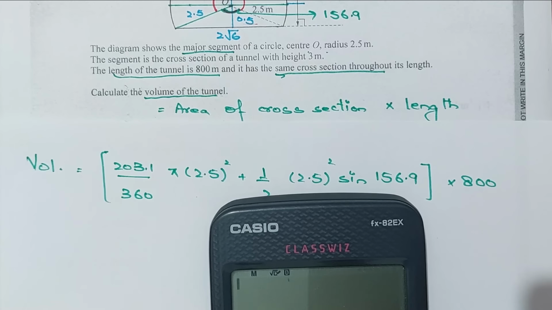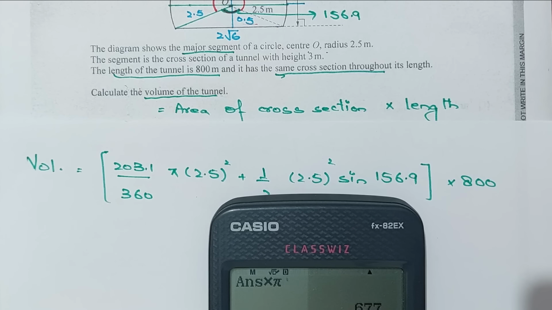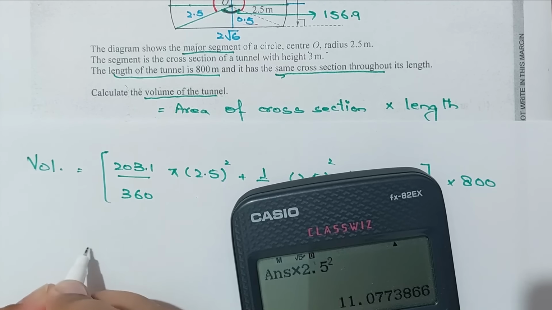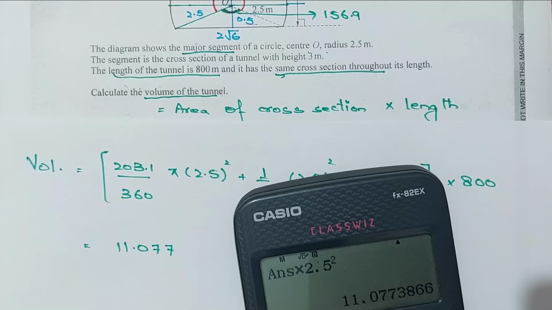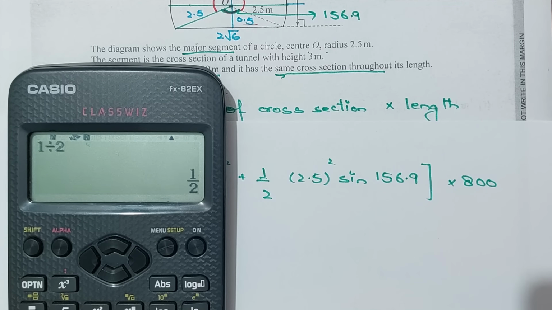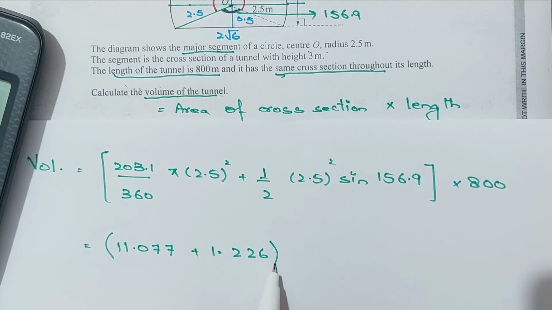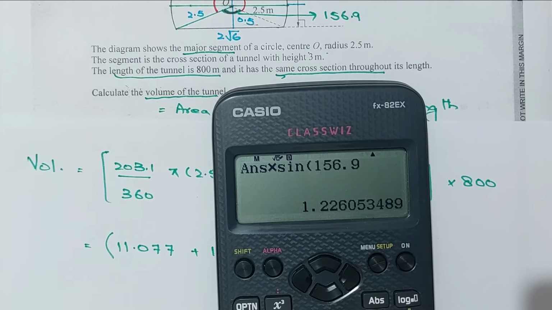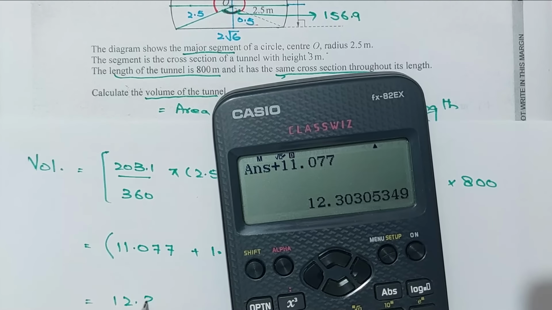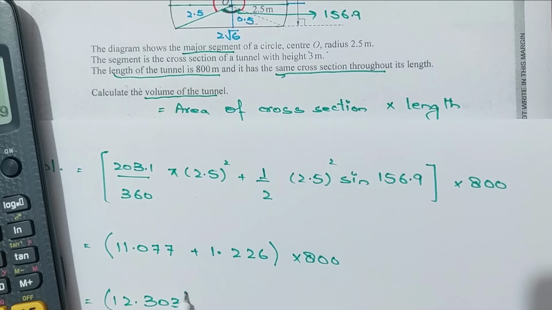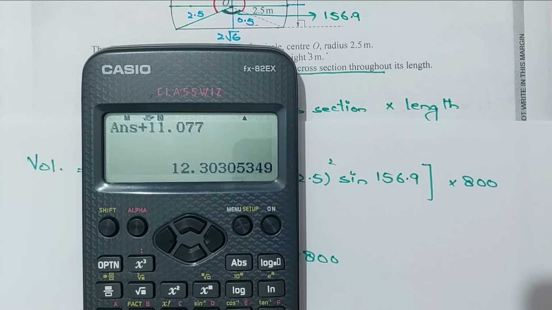Let me simplify all of this. 203.1 over 360 times pi times 2.5 squared equals 11.077, and 1 by 2 times 2.5 squared times sine of 156.9 degrees is 1.226. Adding these gives 12.303, times 800, which is the length of the tunnel.